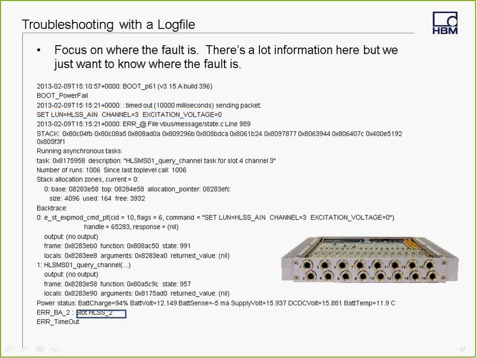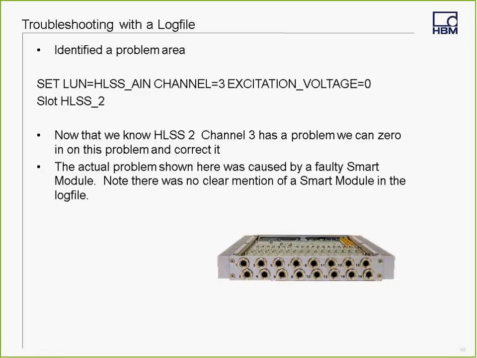Well, we have to go down a ways, but we find slot HLSS_2, which is how it is noted in TCE underneath in the connector field, as we noted earlier. So we now know that it's HLSS2, and it's also channel 3. So now that we know that, we can zero in on the problem and correct it.